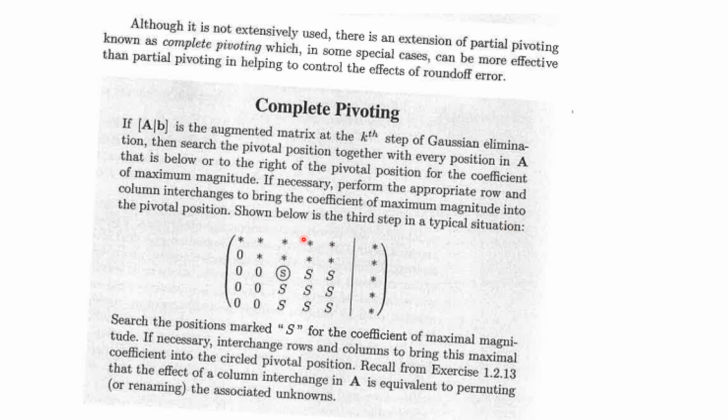So shown below is the third step in a typical solution. You search all the positions marked S for the coefficient of maximal magnitude, and if necessary, interchange rows and columns. And recall that the effect of a column interchange is equivalent to permuting or renaming the associated unknown.